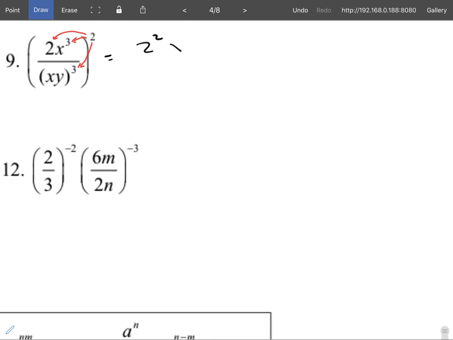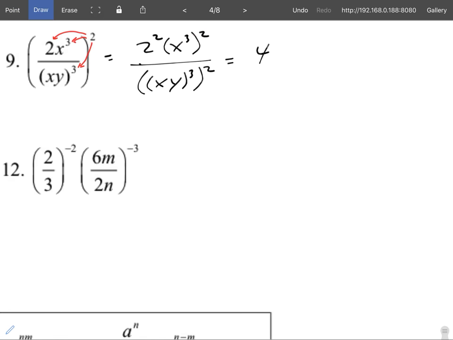So then that's going to look like 2 to the second power, x cubed to the second power. And in the denominator, I'm going to have xy cubed, that whole thing to the oops, I put that in the wrong spot. Hold on. I'm going to have xy cubed, that whole thing to the second power.